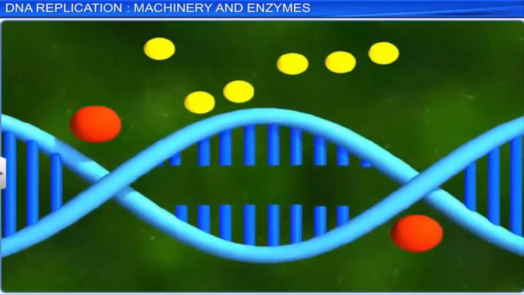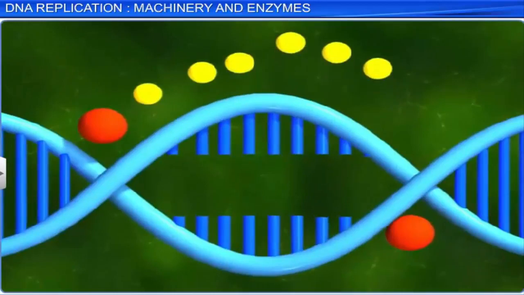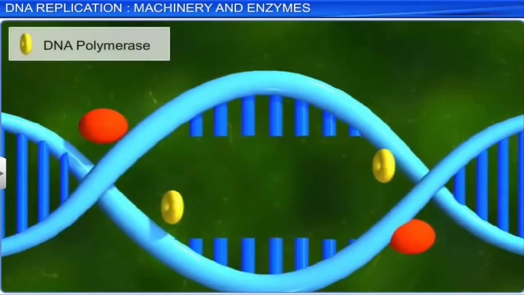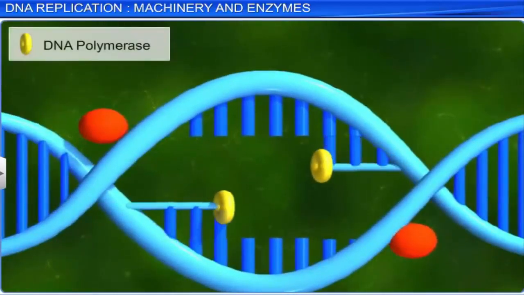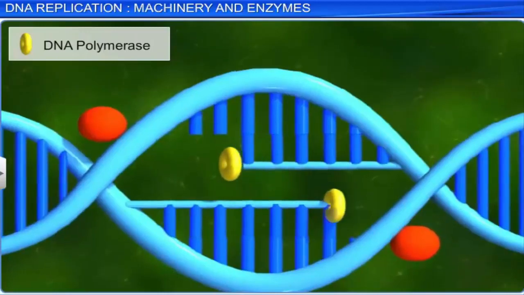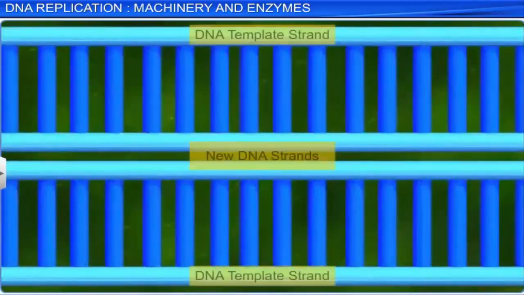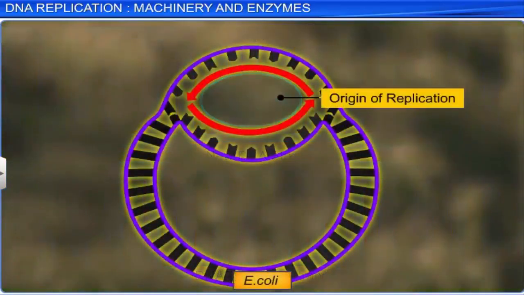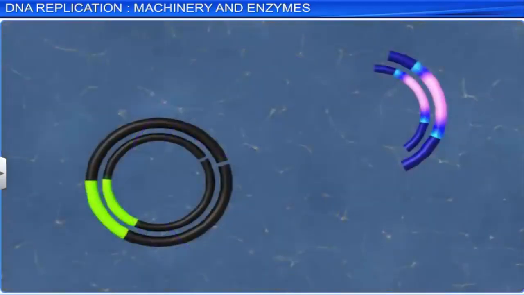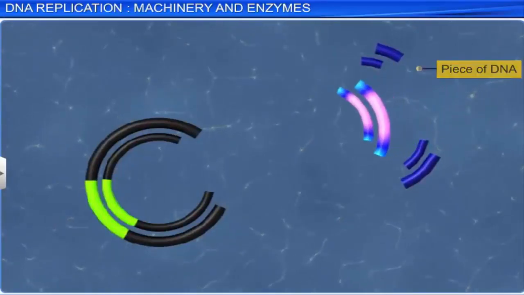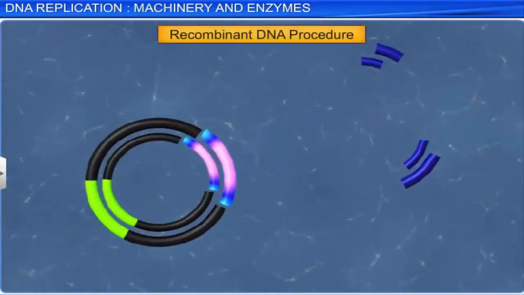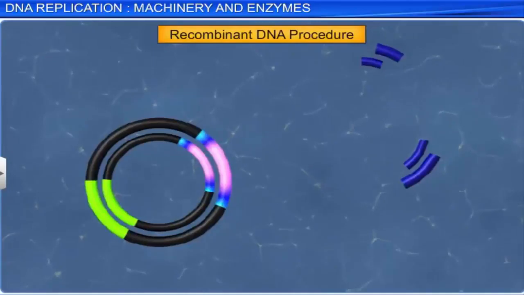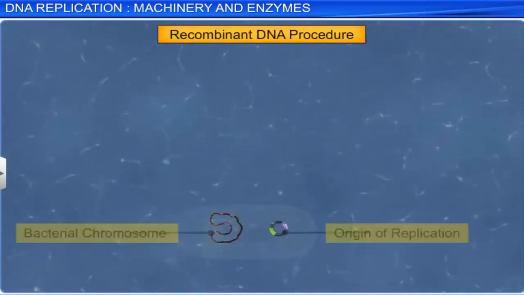For example, bacteria E. coli has a definite region where the DNA replication originates. Such a region is known as the origin of replication. This is also the reason why a vector is required when a piece of DNA needs to be replicated during recombinant DNA procedures, as it is the vector that provides the origin of replication.